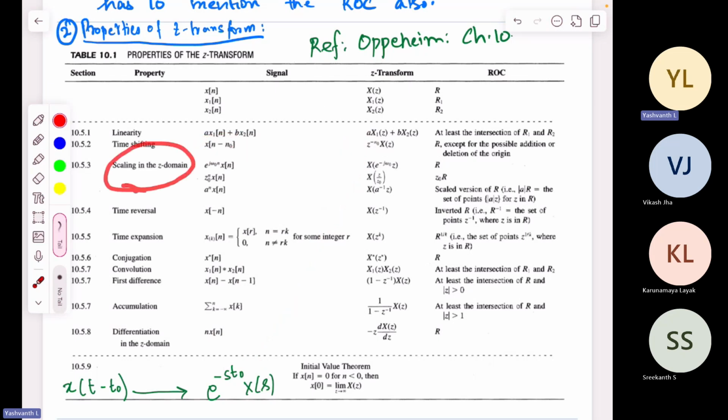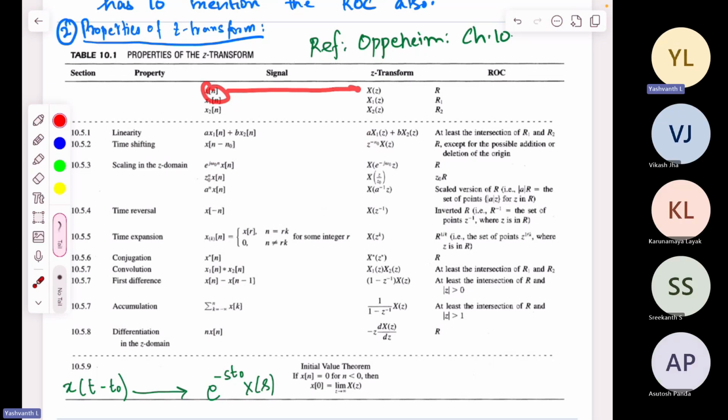Now scaling in the z domain. If you have a signal x of n whose z transform is x of z, then you can show that e power j omega naught n times x of n will have the z transform x of e power minus j omega naught z. Or if you write z naught power n times x of n, its z transform will be x of z by z naught.